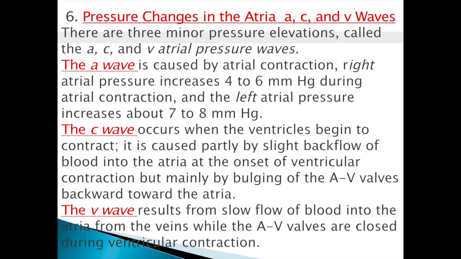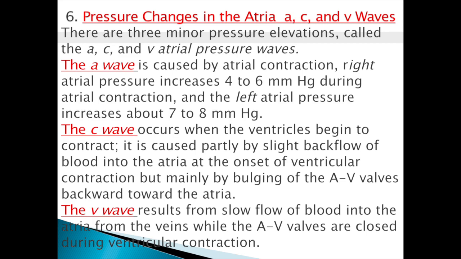Then pressure changes in atria, which can be evident from the central venous pressure line. So it appears as A or alpha, C and V waves, and two descents which are X and Y descent. So the A wave appears when the atria contracts.